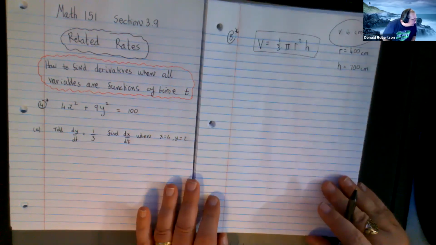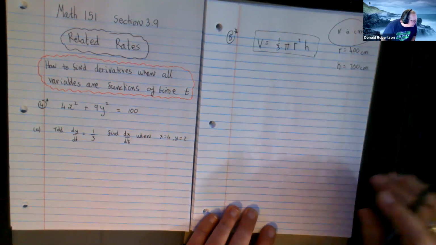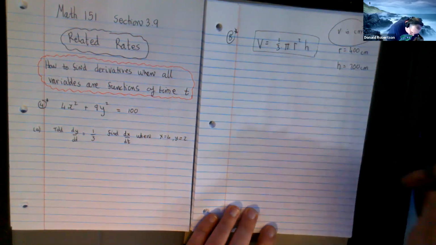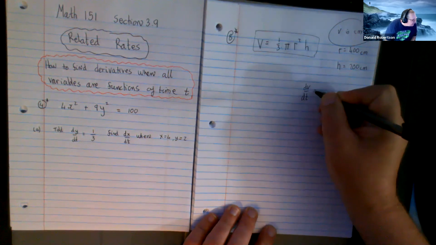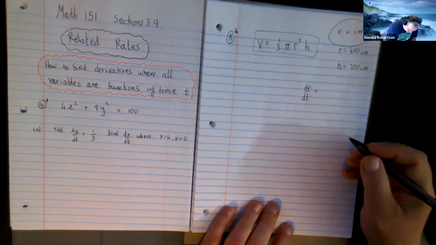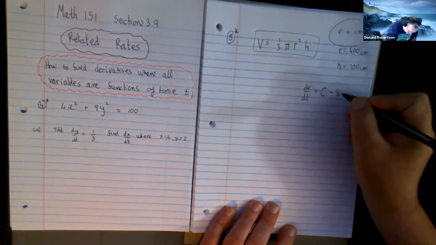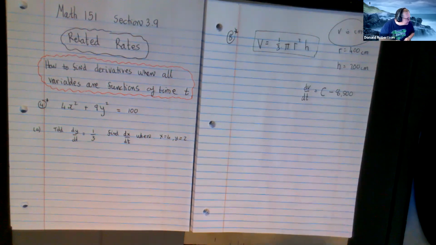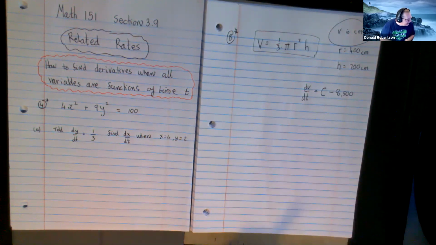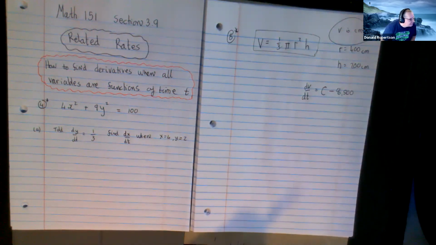And we know that water is leaking out of a tank at the rate of 8,500. So we know that the rate of change of the volume, dV/dt, is going to be made up of C, an unknown number, take away 8,500. The C is representing the fact that water is going in at an unknown constant rate C, and it's leaking out at that 8,500.